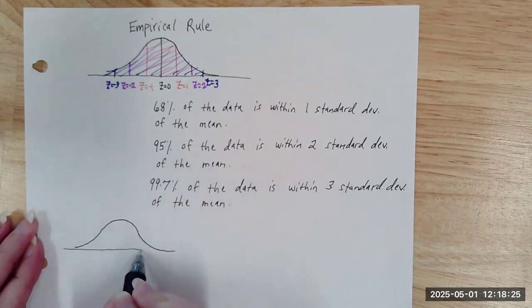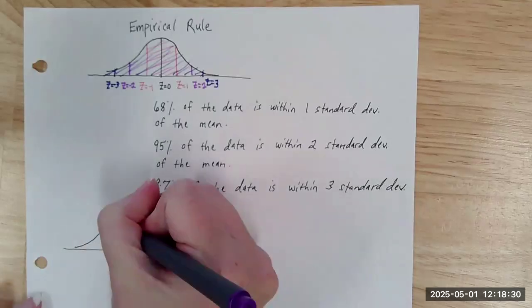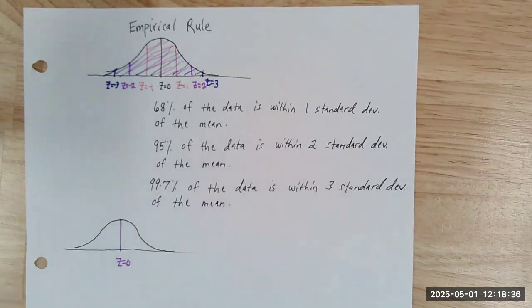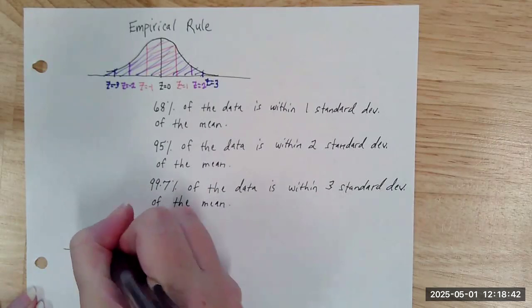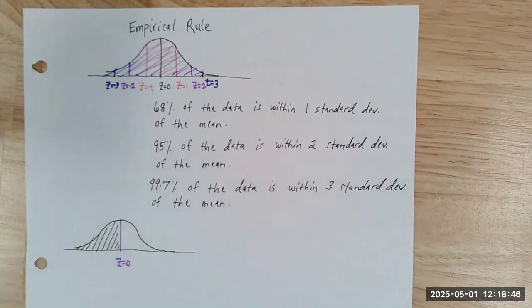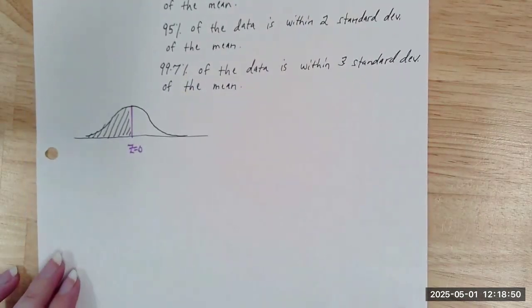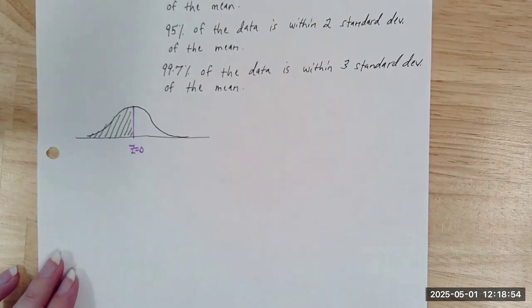So I've got my bell-shaped distribution, and z is equal to 0 is my mean right down the middle. Then if I shade in this part of the distribution, I shaded in half of it, right?